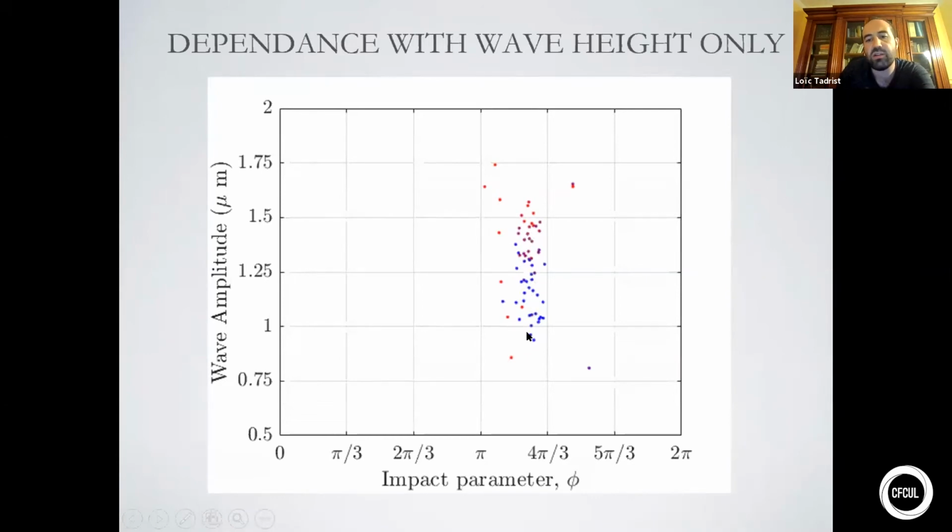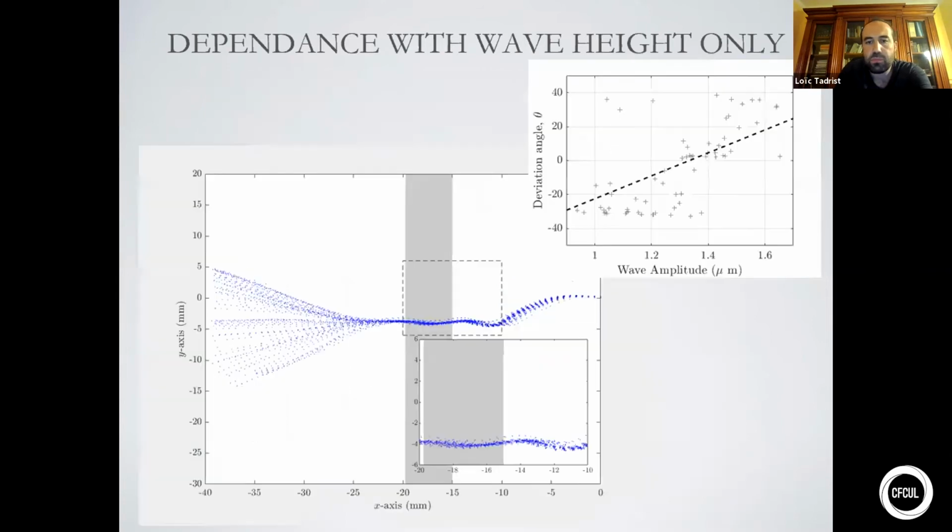As you can see, the diffraction angle goes from blue to red, meaning that just changing the wave amplitude changes the direction of the diffraction. And here are the trajectories. They all start at the same point, then they are grouped within the valley, and after the valley, they are diffracted in every direction.